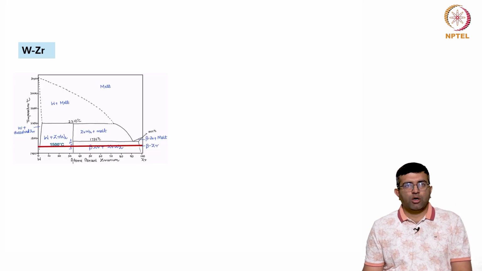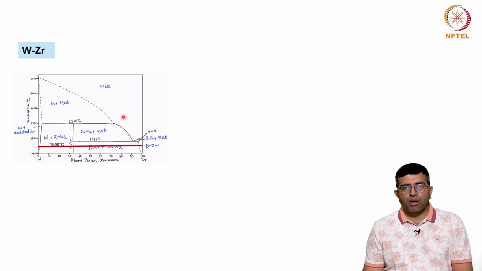Then an example from refractory elements, which is tungsten-zirconium. Are you also noticing that when I take the binary diffusion couple, you only see single phase regions? Now tungsten-zirconium, again this is a phase diagram where you have one intermetallic phase, W2Zr, and we form a diffusion couple at 1500 degrees centigrade.